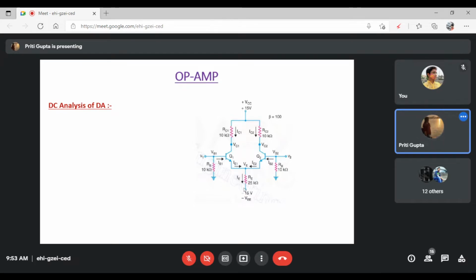Now write down: the circuit is symmetrical as Q1 is equal to Q2.